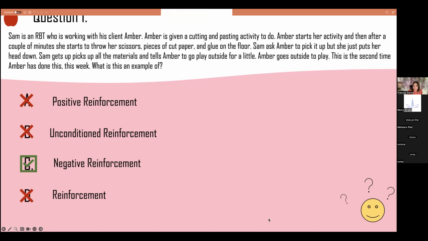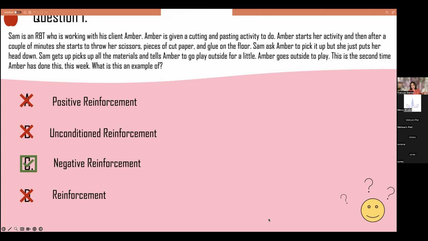Why? Because Sam asks Amber to pick it up, but she just puts her head down. This goes back to the same example I gave you when I was going over the examples of negative reinforcement. She put her head down, and the RBT decided to get up and clean up the stuff for her.